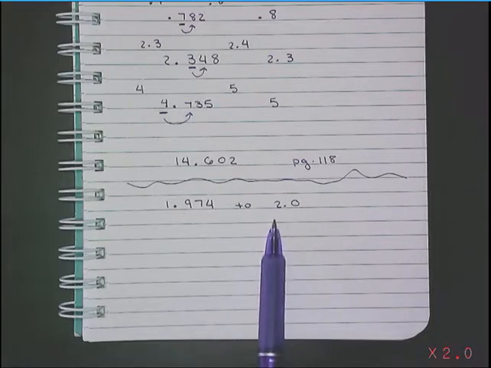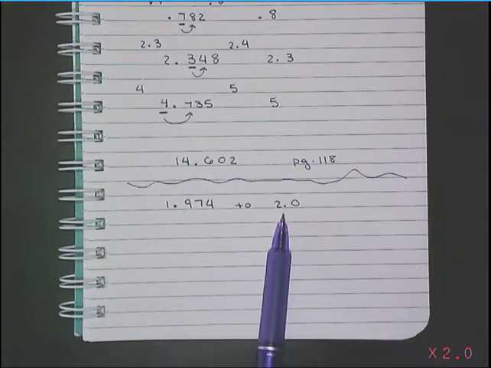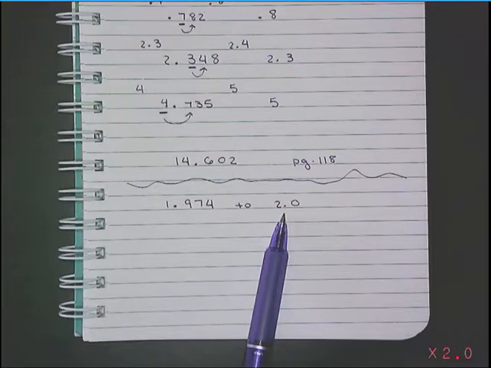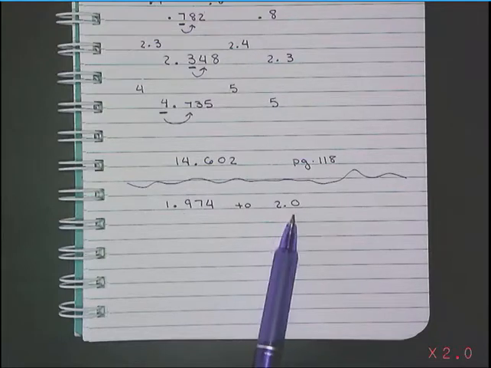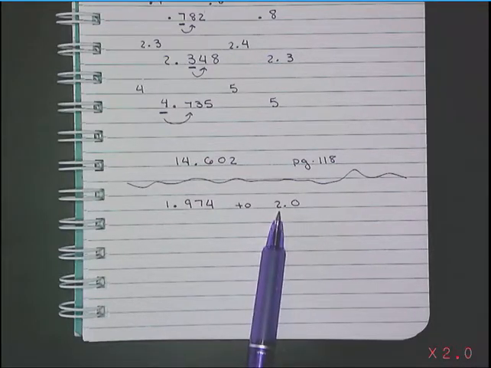Now, if you look at it right off the bat, it might look a little odd because there is still a decimal place here, but because it's 0, that kind of gives you a clue, and this number changed.